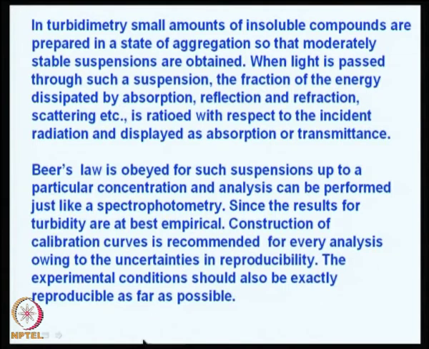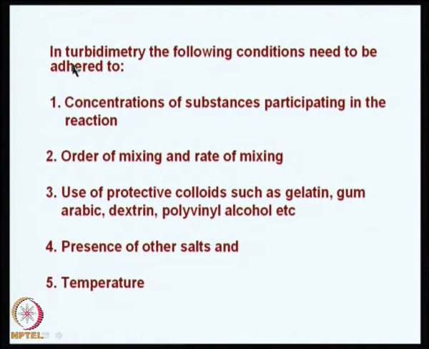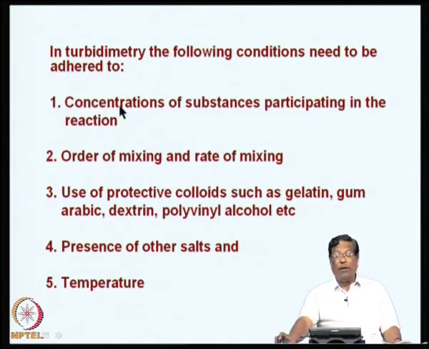Now, what are the experimental conditions you will have to control? These include, for example, the concentration of substances, that is the reagents as well as the standards and unknowns that participate in the reactions, and then the order of mixing and rate of mixing.